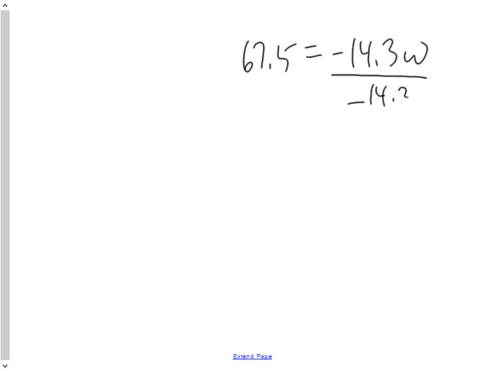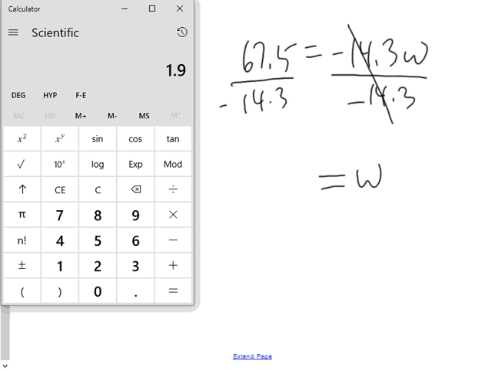Question 6 on page 330 in the chapter review says 67.5 is equal to negative 14.3 W. So again, simply divide both sides by the coefficient. That isolates W, and you get the quotient of 67.5 divided by 14.3.